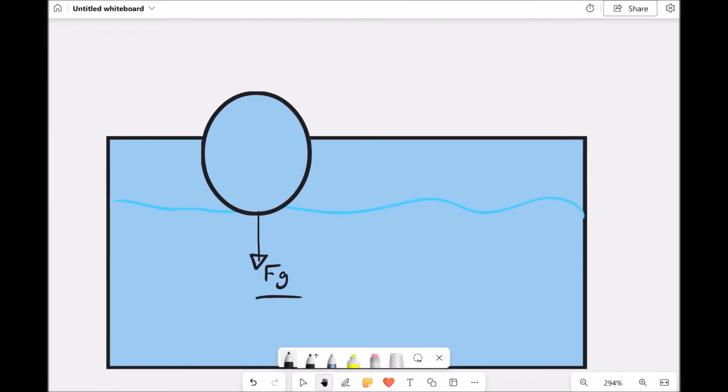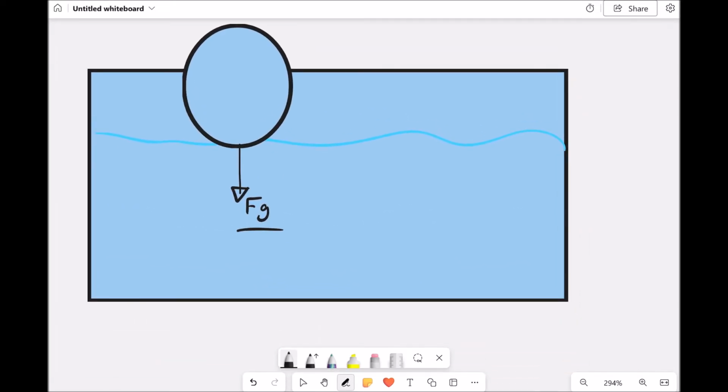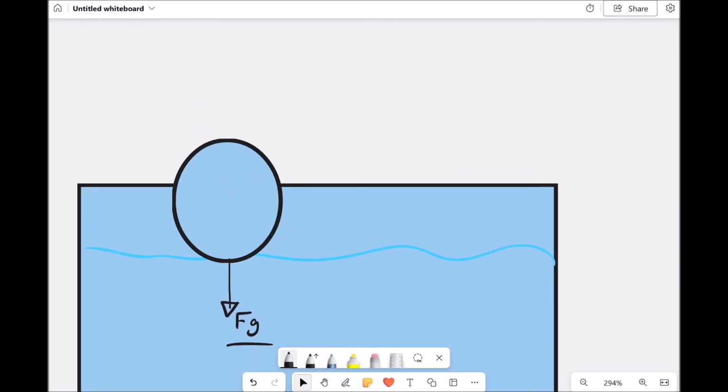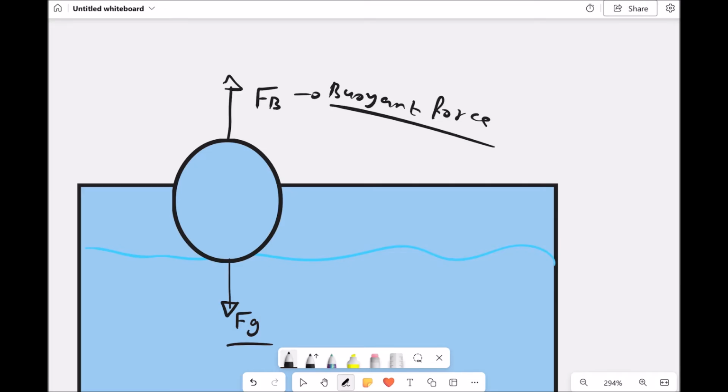And a force is applied opposite to the direction of the weight of the object, which is called buoyant force, okay? And we represent buoyant force with Fb. So this is buoyant force, which acts in the opposite direction of the weight of the object.